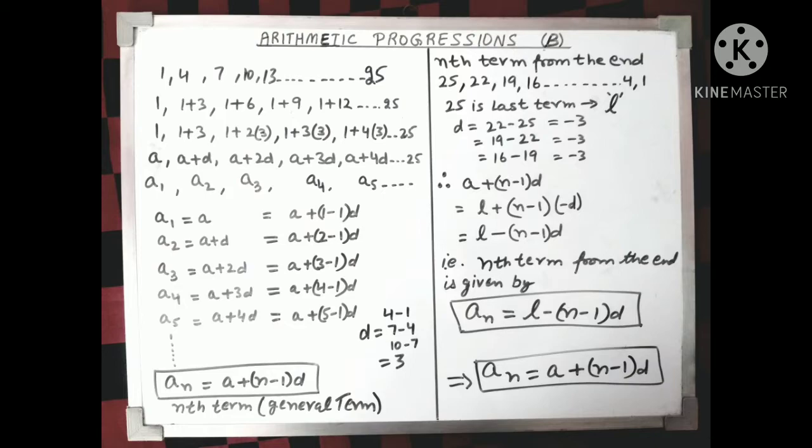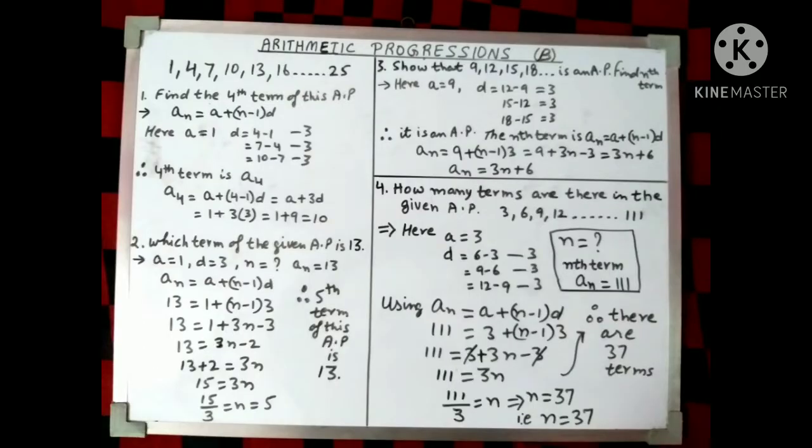That is, 25 is the last term, right? Keep it in mind. Now we will solve some questions related to these two formulas, an is equal to a plus n minus 1 d, an is equal to L minus n minus 1 d, right?